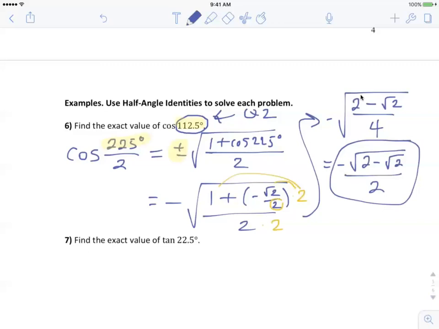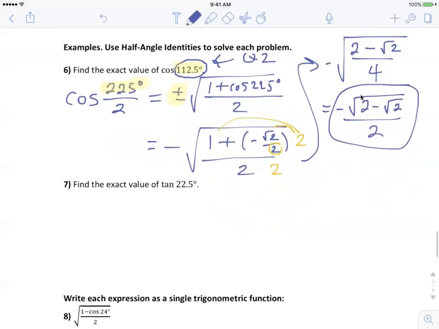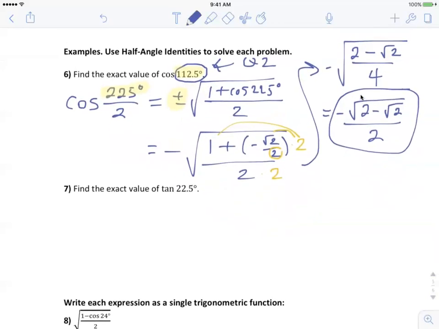Okay, good times. How about tangent of 22.5? My first trick, double that 22.5, which is 45 degrees. So 22.5 is 45 divided by 2. That identifies my A. And then now I can use really any of the 3 I want.